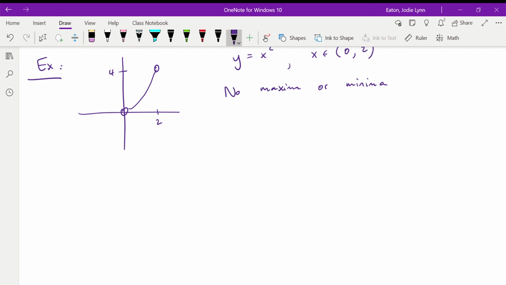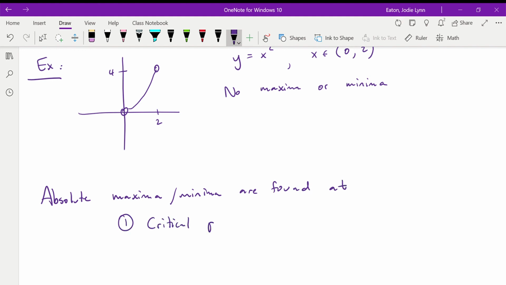Okay, so absolute maxima and minima are found at, number 1, they could be found at critical points, f prime of x equals 0. And this is where you're also going to find local maxima or minima.